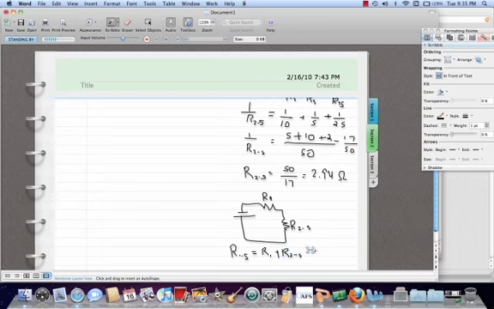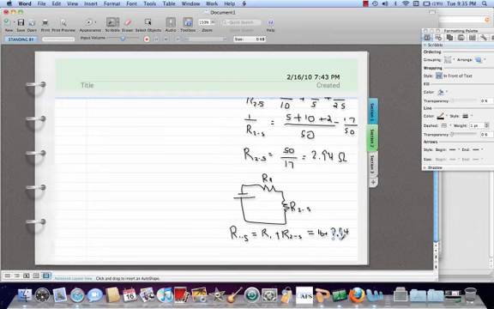And so when I do that, I get 10 plus 2.94. So I get that R1 through 5 is equal to 12.94, and that's ohms.